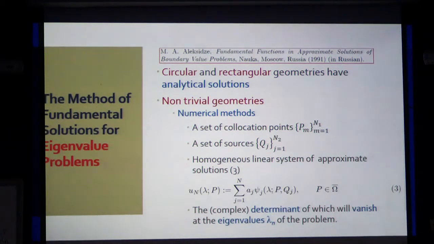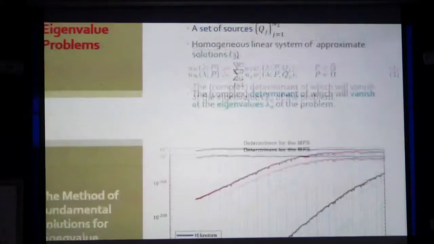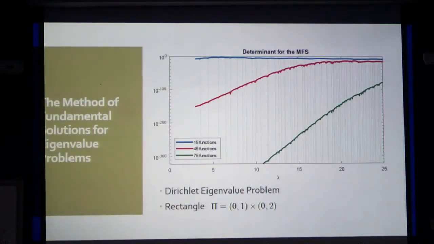So I can show, for example, for the case of a rectangle, how the determinant behaves. Here in this case you can see that for 15 functions the determinant is like this one. The little deviations in the curve show the presence of the eigenvalues.